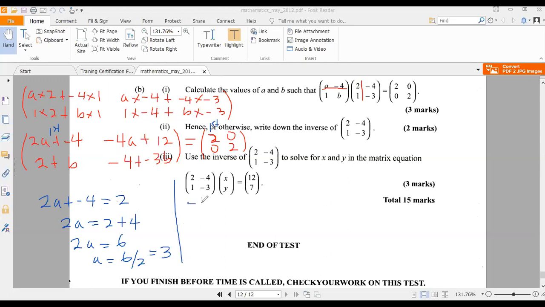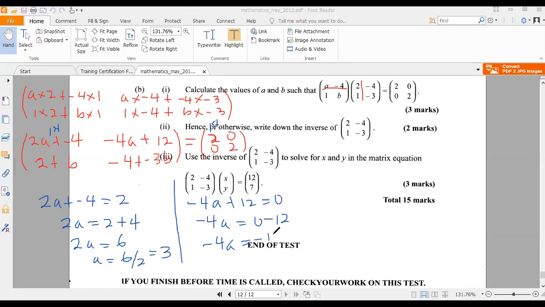The other one is going to be -4A plus 12 is equal to 0. So negative 4A is equal to negative 12.